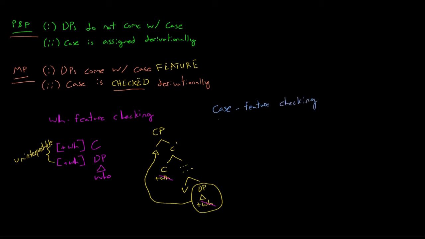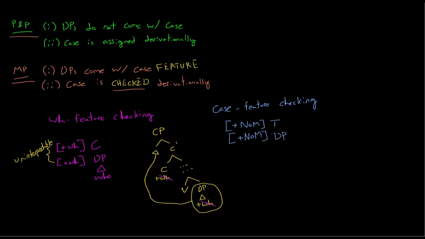So what have we seen about case feature checking on the MP assumptions? Well, first, there is a plus NOM feature on T, and second, there's a plus NOM feature on a DP.